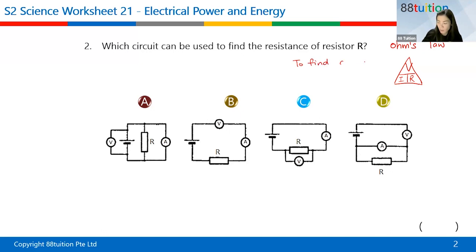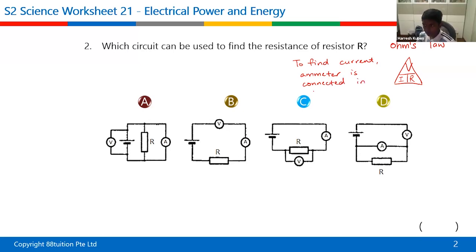To find current, we use the ammeter. So how is the ammeter connected? In series. Okay, good. In series in the circuit.